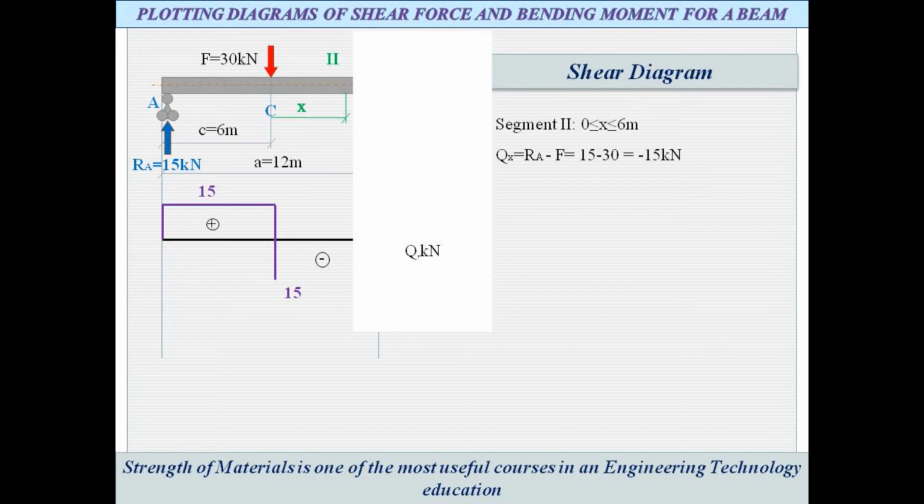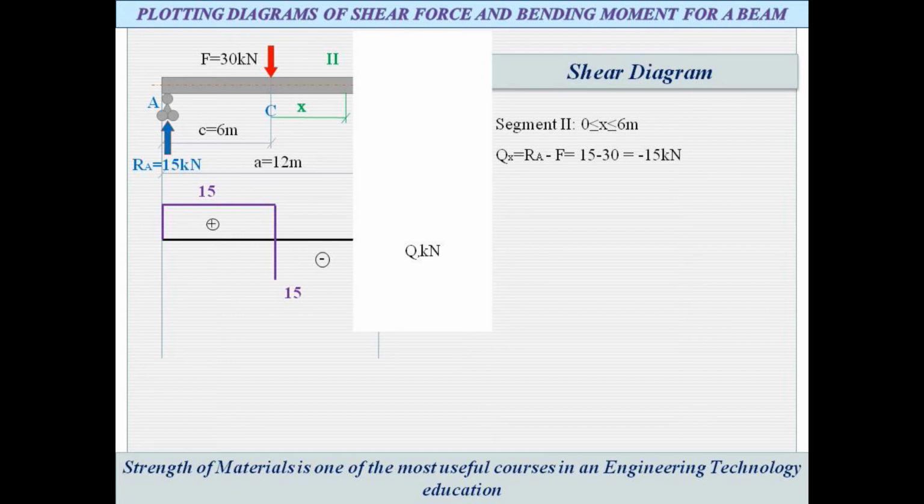Consider the second region. The applied load at the midspan is 30 kilonewtons downwards. Therefore, the shear load Q is 15 kilonewtons minus 30 kilonewtons, which is minus 15 kilonewtons. Draw a vertical line down, reaching a value of minus 15 kilonewtons.